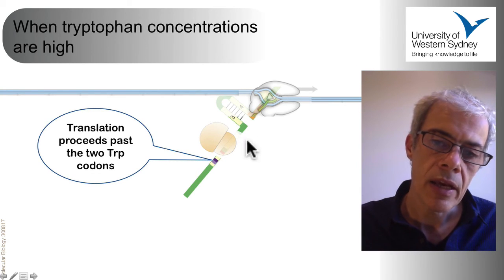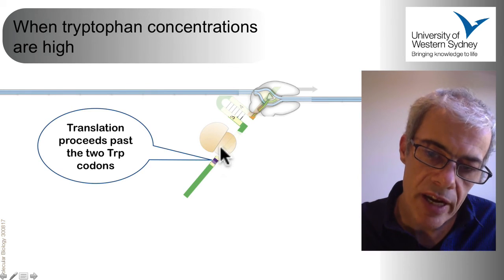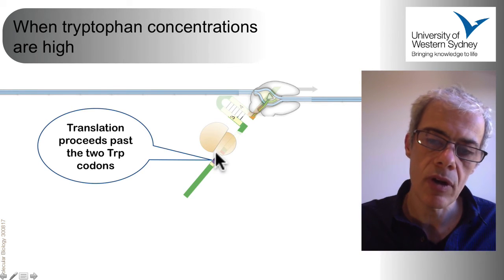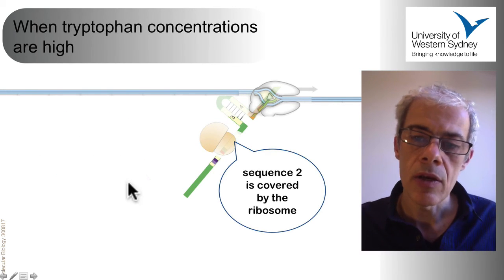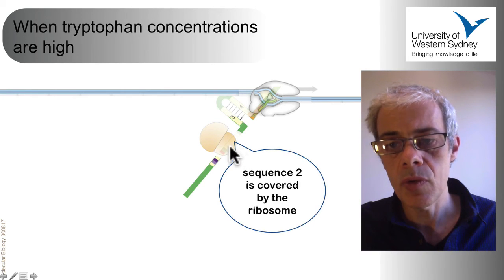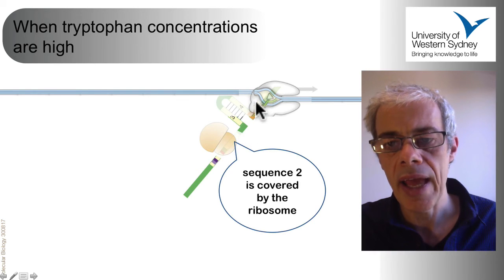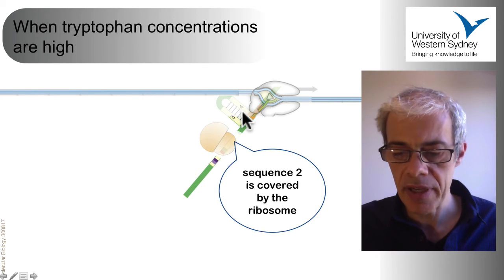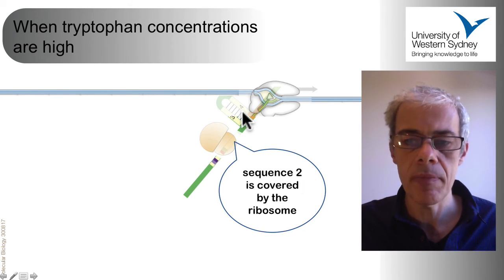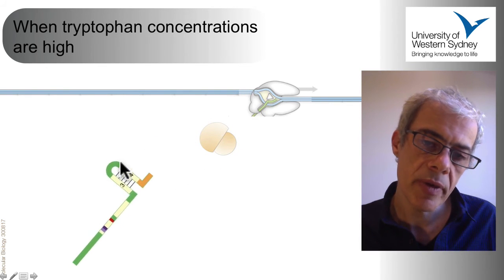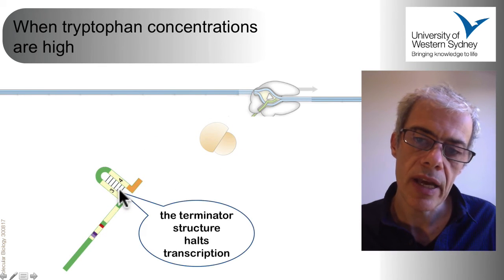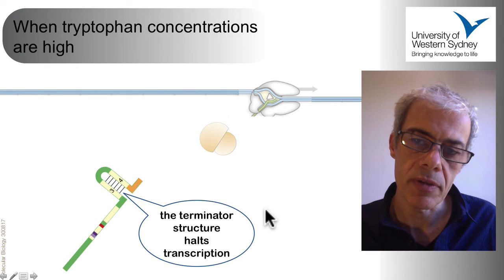So given the fact that the ribosome can read through these tryptophan codons, sequence 2 is then quickly covered by the ribosome as the rest of the messenger RNA is being transcribed, which allows this terminator structure to form, which then halts transcription.